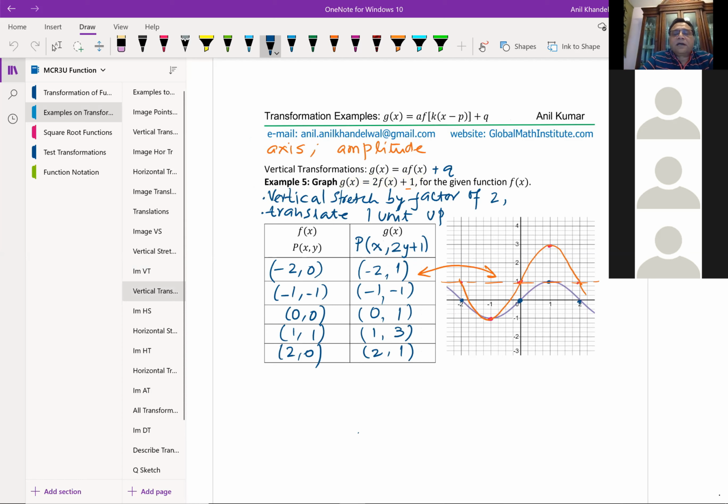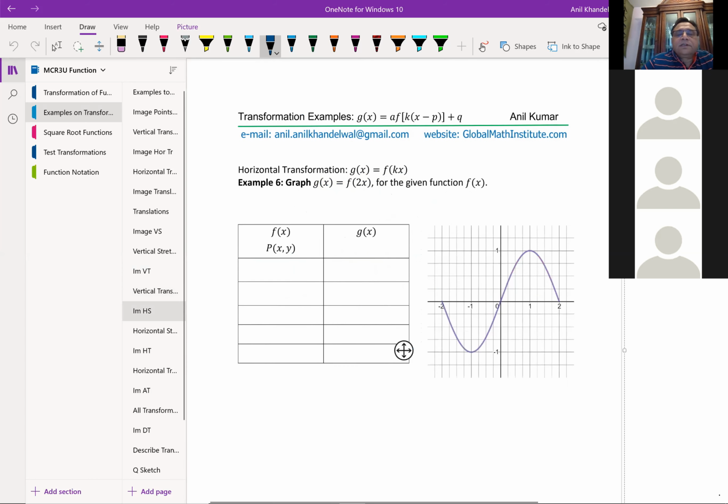I just marked a few points as explained and got those coordinate points as f of x points. And as Jesslyn said, for the transformed function, the image points' x values remain the same, and the y values become multiplied by 2 and added by 1. Once you do that, you have a stretched graph of this particular function, shown in red. Clear?